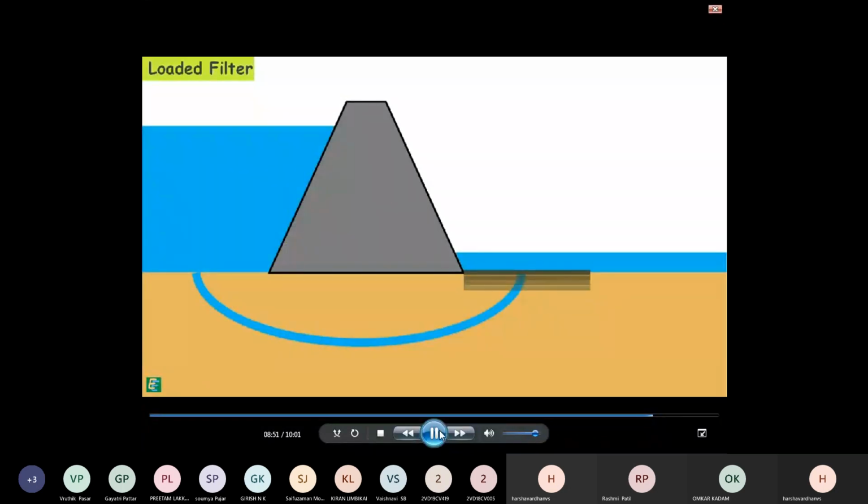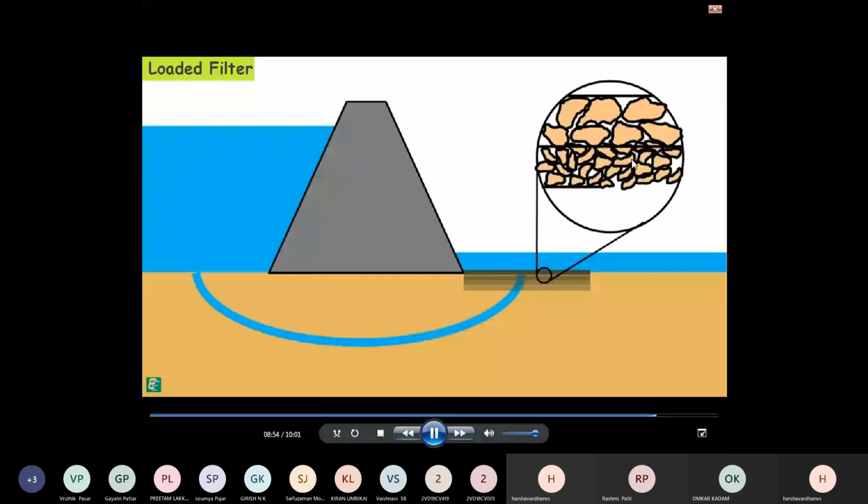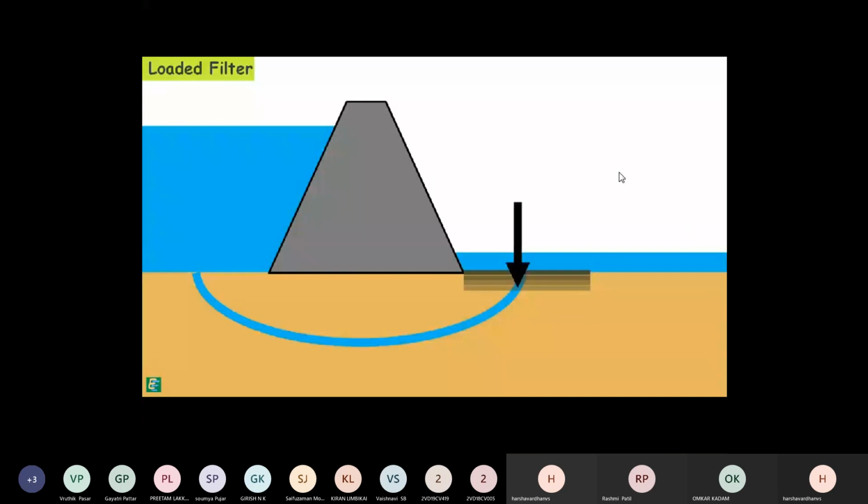Now, how does the exit gradient get decreased when you are providing a filter at the downstream end? Because of the weight of the filter. Seepage force is counteracted by the weight. So if you are increasing the weight, then you are decreasing the hydraulic gradient.